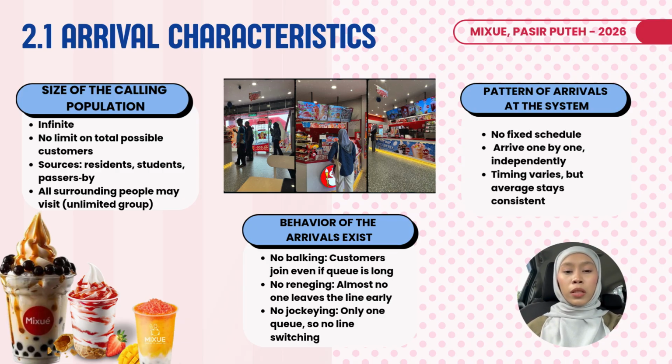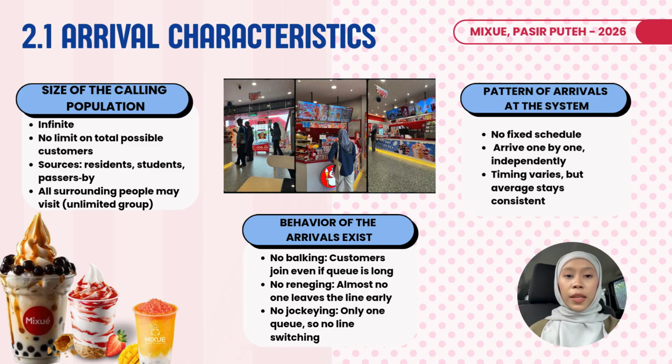The customers that we saw came from a wide range of groups, like local residents of Pasir Puteh, students from nearby schools or colleges, and also people just passing by through the area. Since anyone from this whole surrounding area can visit, there is no definite number of possible customers. So we treated the calling population as unlimited.